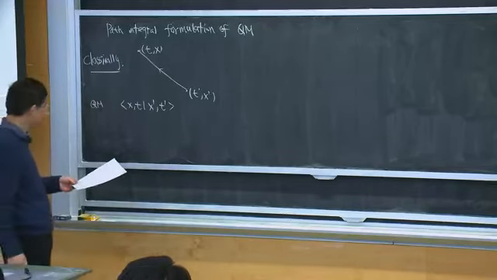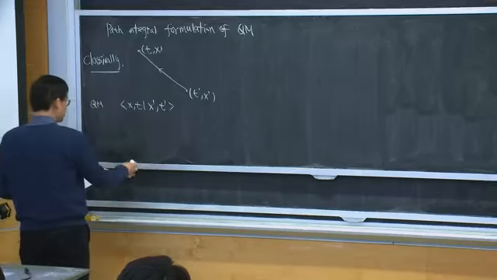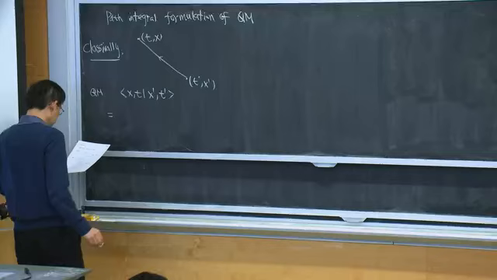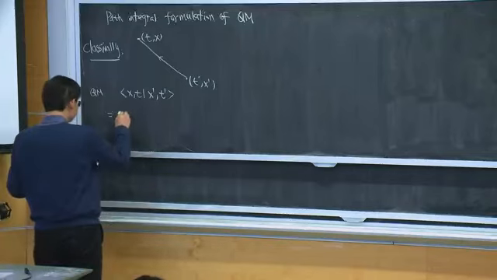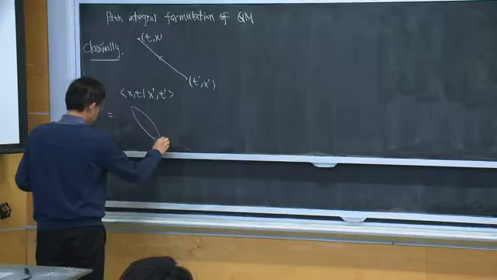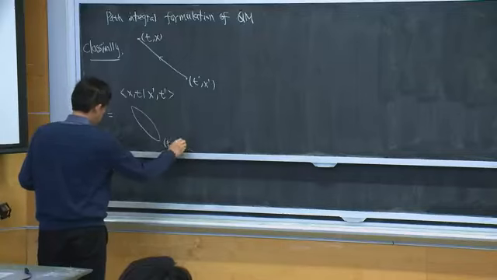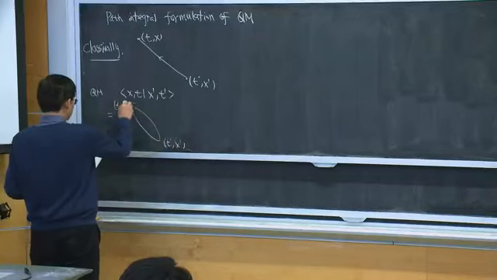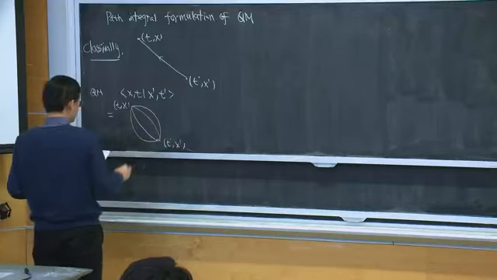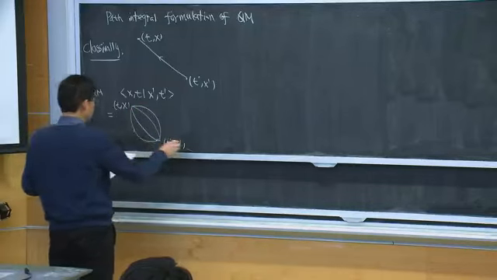And the answer to this question is that you just sum over all possible paths between (t prime, x prime) and (t, x), with some weights.